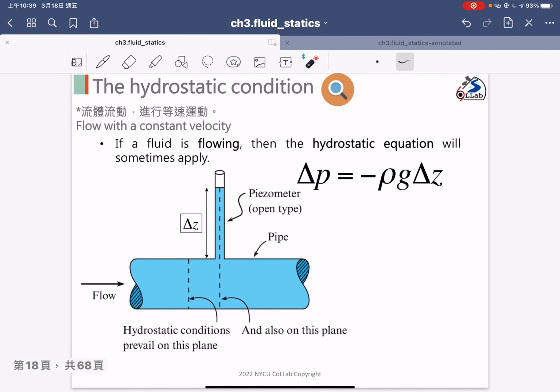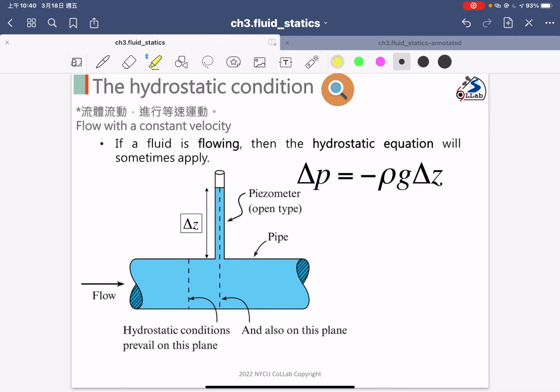Based on this idea, if the fluid starts to flow with a constant velocity, that indicates there is only a pressure difference. So the fluid can start to flow not because of shear stress, but just because of the pressure difference.